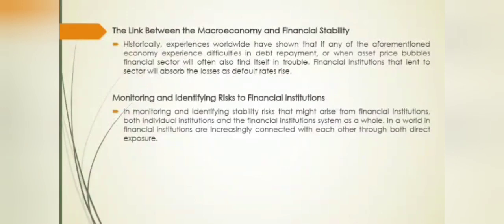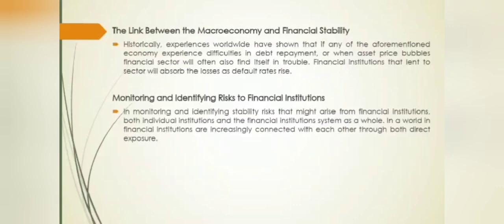My topic is the link between the microeconomy and financial stability. Historically, experiences worldwide have shown that if any of the aforementioned sectors in the real economy experience difficulties in debt repayment, or when asset price bubbles start to burst, the financial sector will often also find itself in trouble.